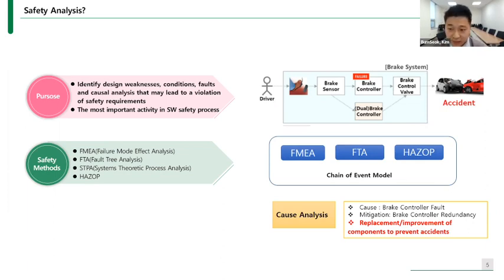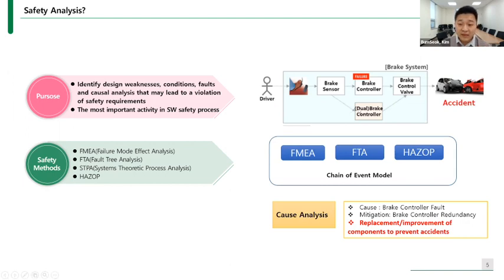But most of these methods are based on the chain of events model. It means an accident is caused by the consequence of a component failure. I give you an example. In a brake system, the brake controller doesn't work, the brake control valve cannot stop the vehicle, and an accident occurs.